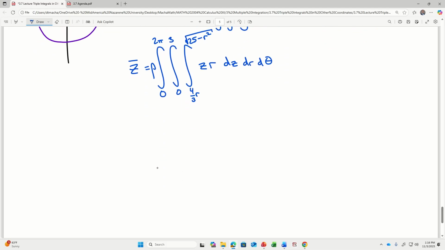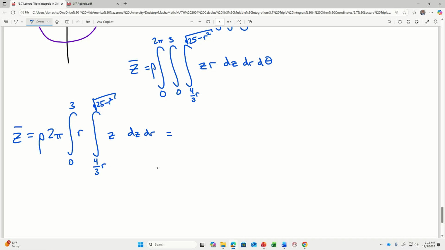Okay, this integral then is going to be, again, no thetas. There's no thetas in the bounds, there's no thetas in the integrand, so let's just multiply times 2 pi. We can get rid of the outside integral. And instead we've got the integral from 0 to 3 r, integral from 4/3 r to square root 25 minus r squared, z dz dr. So it's going to have rho times 2 pi times integral from 0 to 3 r.